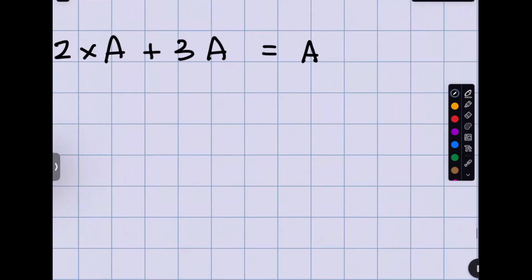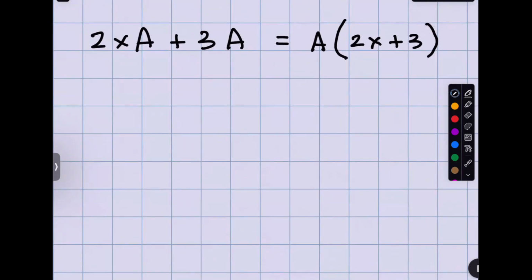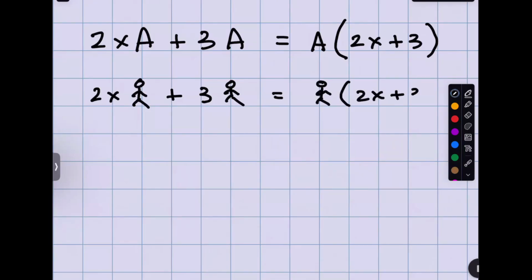If I took A out, what would be left? You guys are doing it like I'm just trying to trick you. I'm not. Everybody agree with this? Awesome.